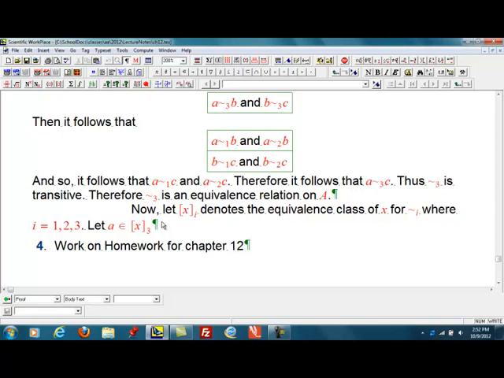I need to know something about the equivalence class on the second. Let's just write down the definition. If A is in that third equivalence class, then I know that A is 3 equivalent to anything else in the set, especially the name of the set. Does that make sense?